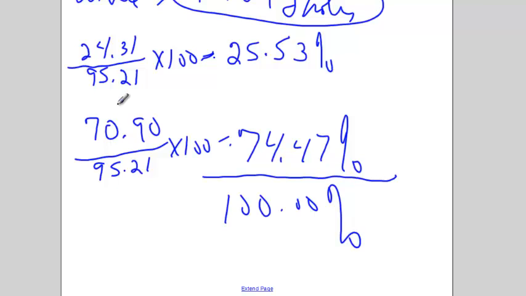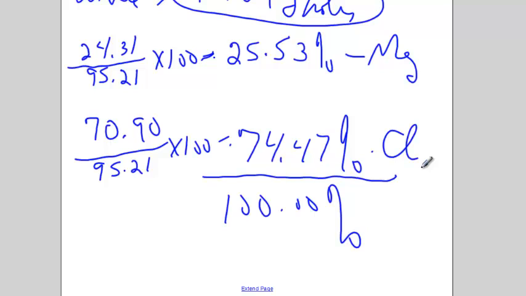Because that's all there is in the compound, Mg and Cl2. So my percents always add up to 100%. Always. That's one way to check and make sure you're right. Or to save you a little work. Once you figured out that was 25.53, this one had to be 74.47. So that's percent composition. It's 25.53% magnesium and 74.47% chlorine.